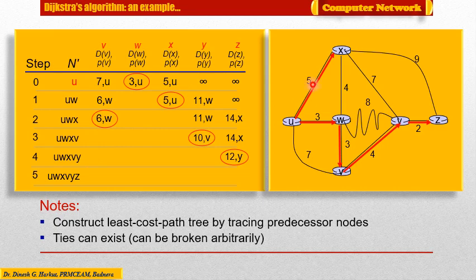From node U to X, this is the least cost. From node U to W, and from node U to V, this is the least cost path, and from node U to Z, this is the least cost path. This is how Dijkstra's link state algorithm is useful for computing the least cost path to all the probable nodes in the network from the source node.